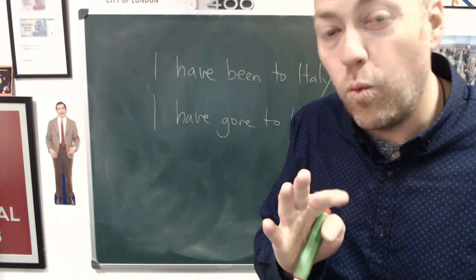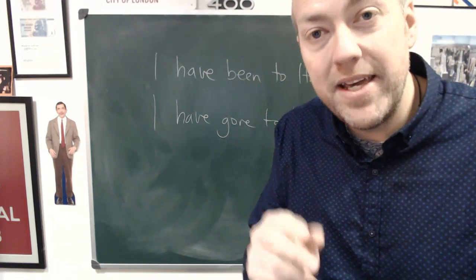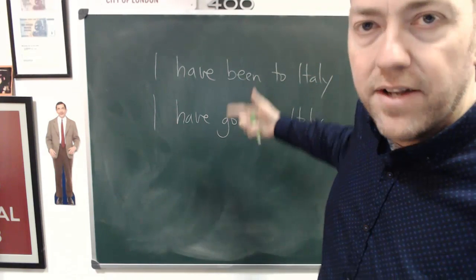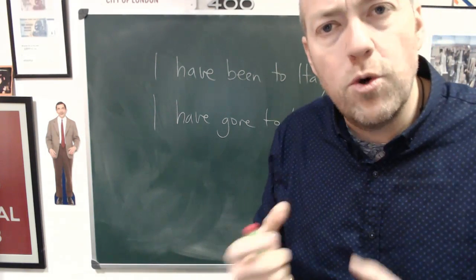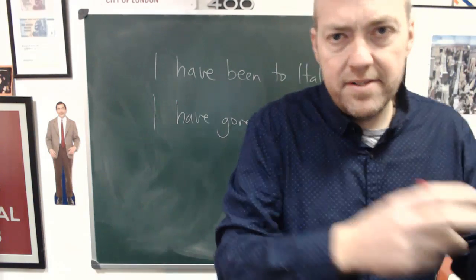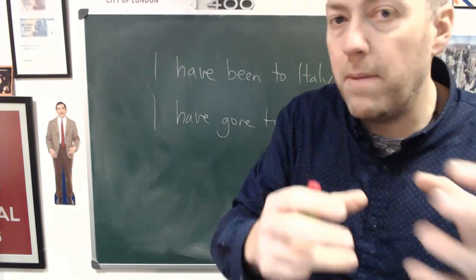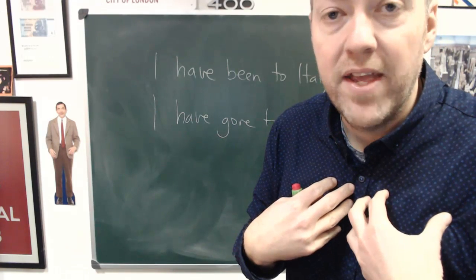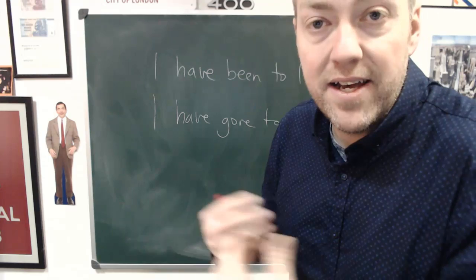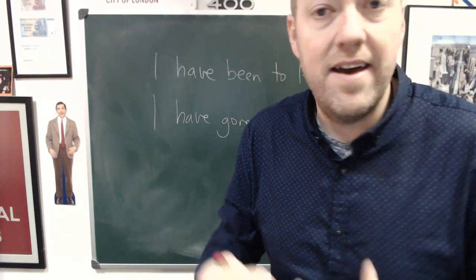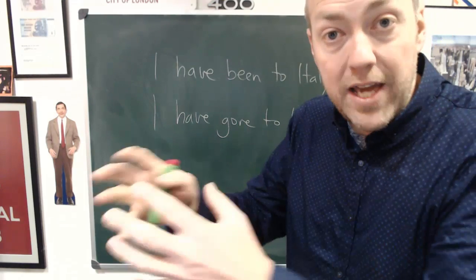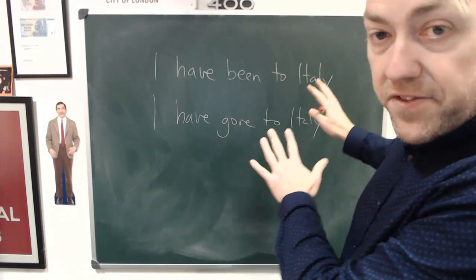So in this way, you have to be a little bit careful with the difference between go and to be when you talk about movement, okay? When you're talking about to be like, I have been a teacher or I have been happy, this is different, okay? But if you're talking about movement, you have to be careful.